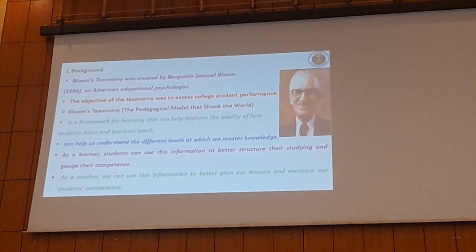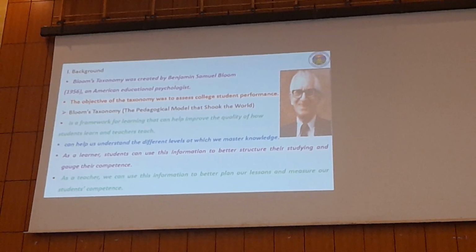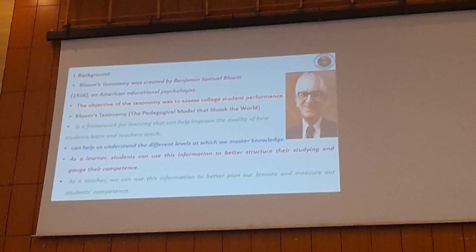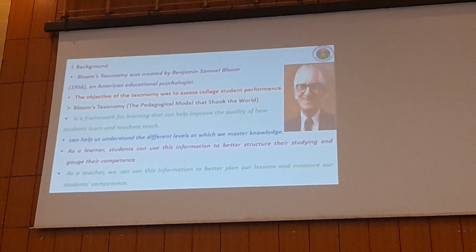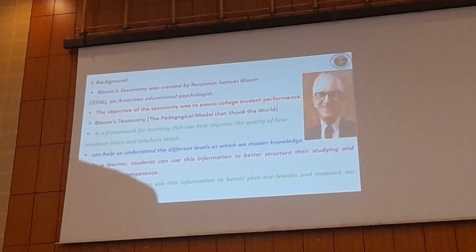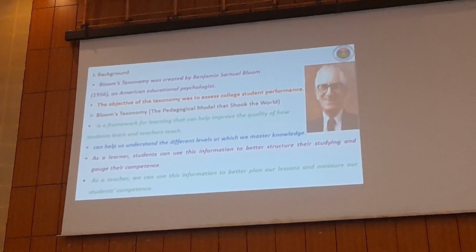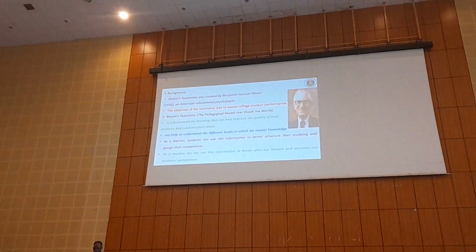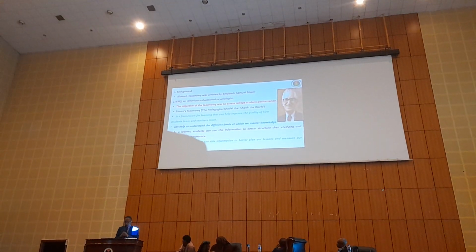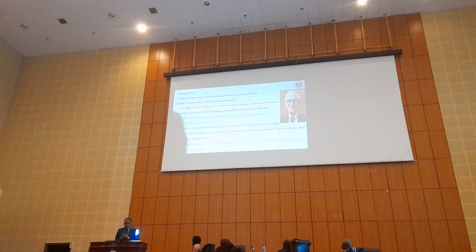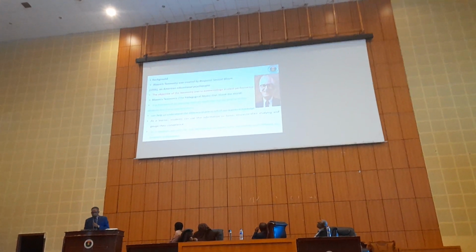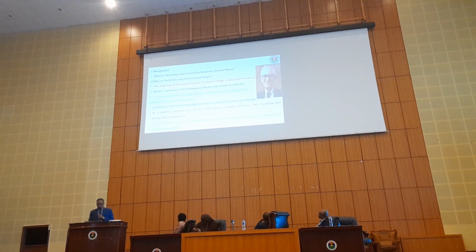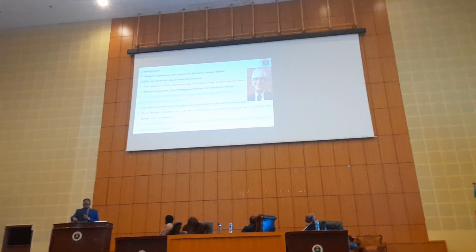This Bloom taxonomy can help us understand the different levels at which we master knowledge, it could be simple knowledge, through objective writing skills and developing skills that we want to master. For the learner, the student can use this information to better structure their studying and measure their competence as well as their ability.